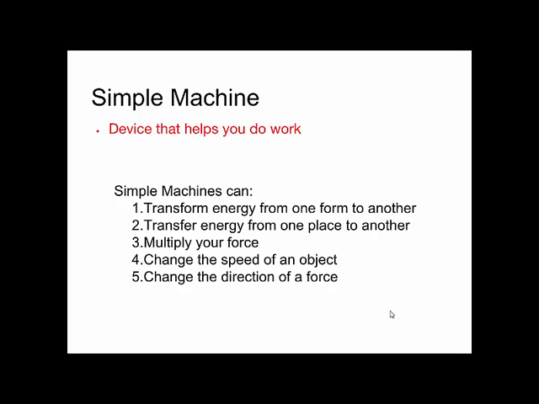When I use the pulley, would I be doing more work, less work, or an equal amount of work? Equal. Okay. Machines do not allow you to do any less work. They change how you do the work, but they don't allow you to do less work.